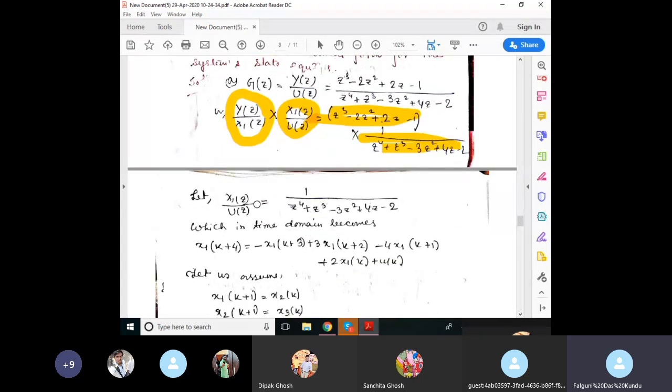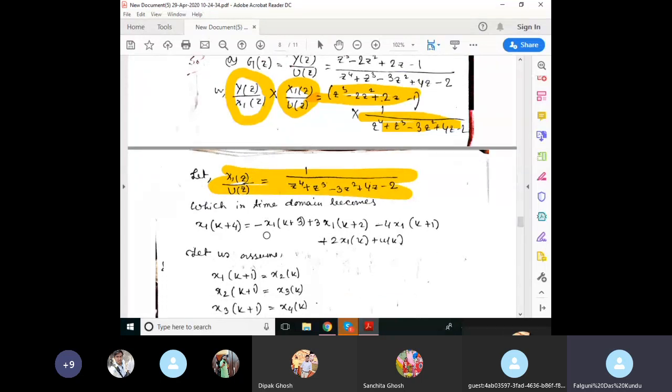Let us consider the denominator part. Okay, so here we consider the denominator part, and in the discrete time domain this becomes x1(k+4) equals minus x1(k+3) plus 3 x1(k+2) minus 4 x1(k+1) plus 2 x1(k) plus uk.